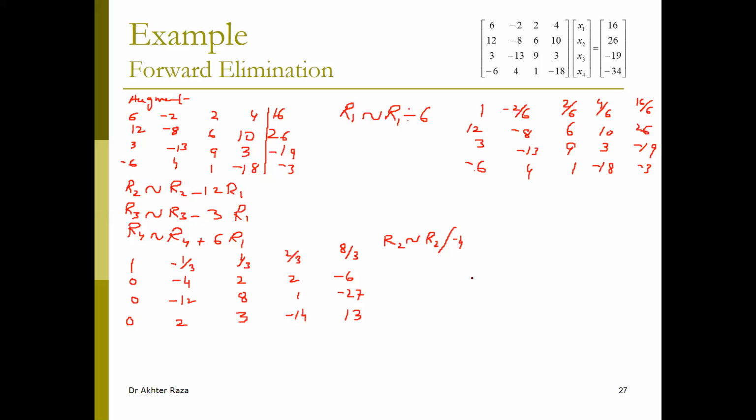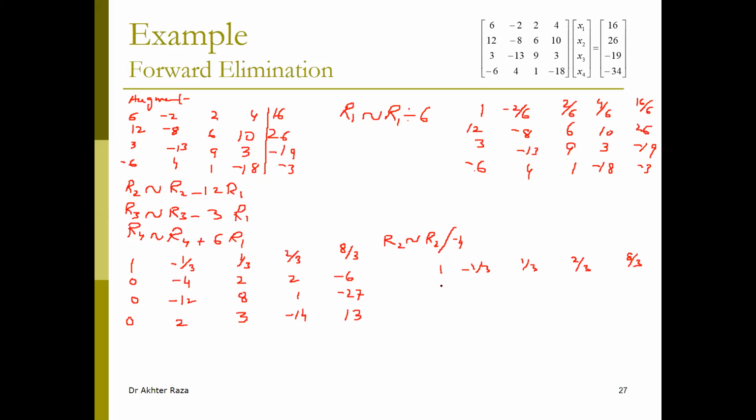Step is R2 divided by minus 4. There will be no change in row number 1. There will be no change in row number 3 and 4. Only the row number 2 will be changed. So I am just copying row number 1: 1, minus 1 by 3, plus 1 by 3, plus 2 by 3, plus 8 by 3.